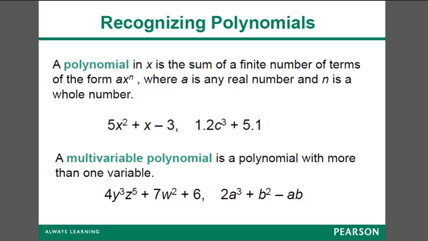A polynomial in x is the sum of a finite number of terms of the form a(x^n), where a is any real number and n is a whole number. What this means is a polynomial, first of all, is just having the same variable throughout.